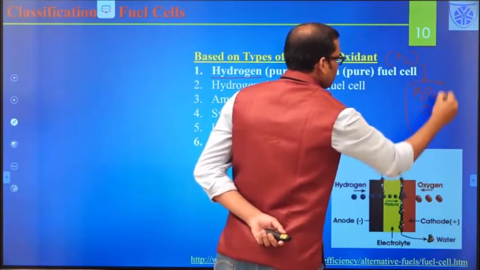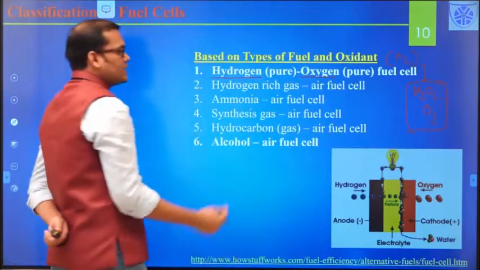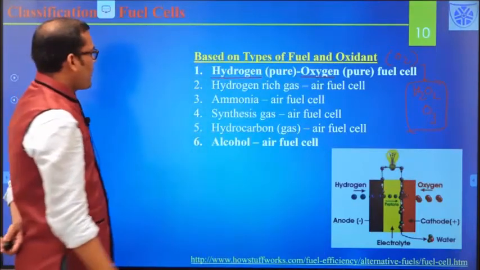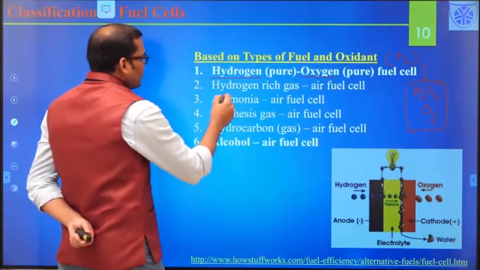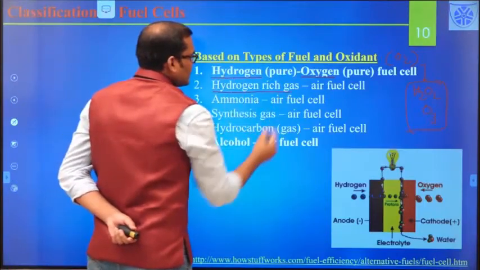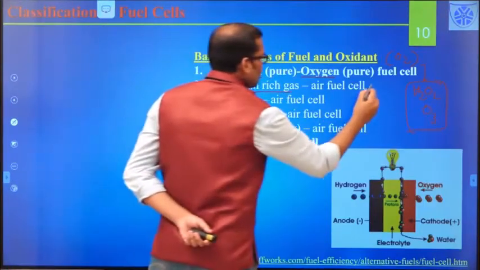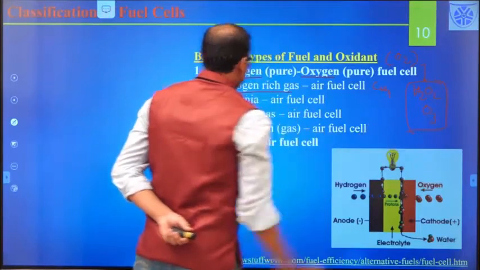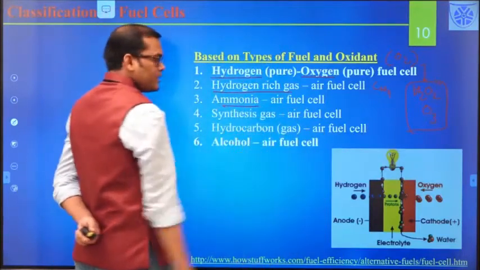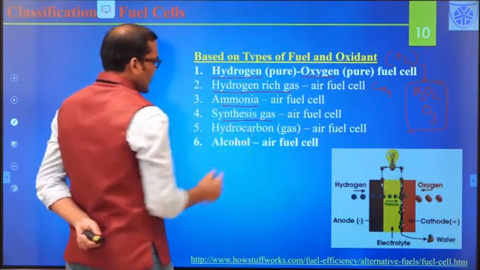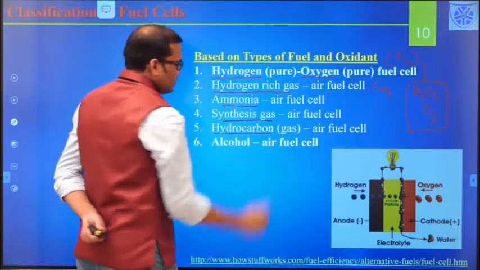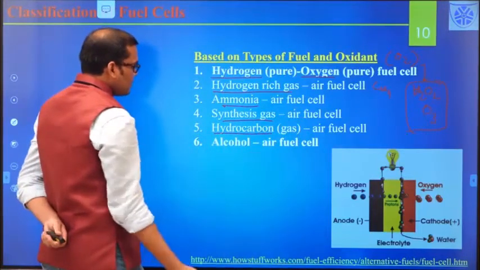These are also used as an oxidant in the fuel cell, right? And different fuels, such as hydrogen rich gas, you can use methane, then ammonia as a fuel, synthesis gas, then hydrocarbons like methane, ethane and all.